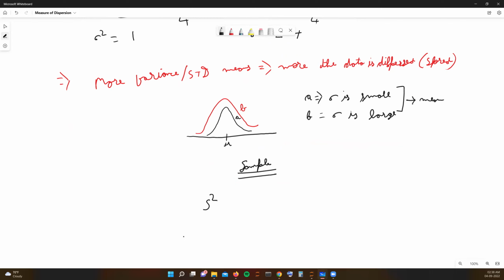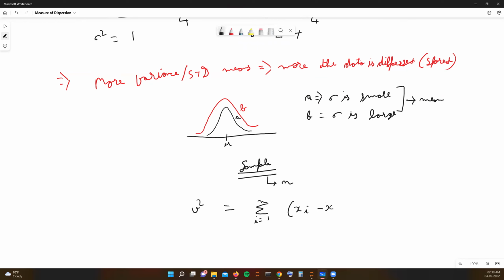In a sample there will be n points, small n points. Sorry, I have written it wrong. Sample variance is represented by S square, not V square. My mistake, sorry. And the formula for this sample variance will change. This will be from i equal to 1 to n, again your xi, and as we are talking about a sample here, mu will not be there. Here x bar will be there.